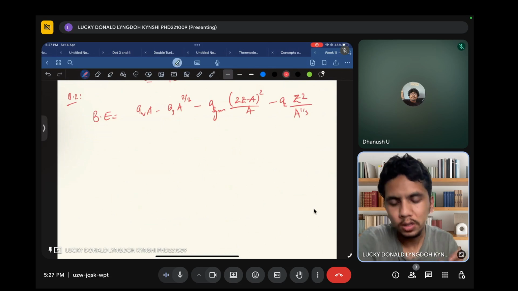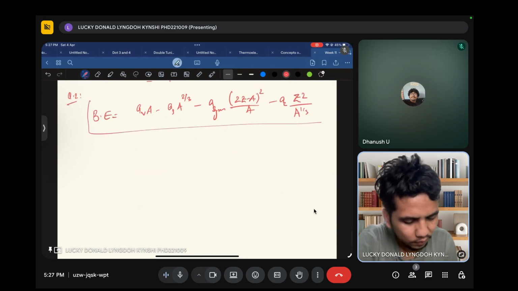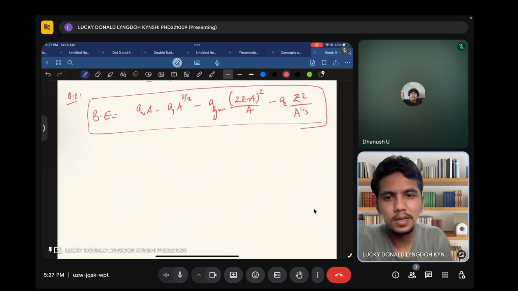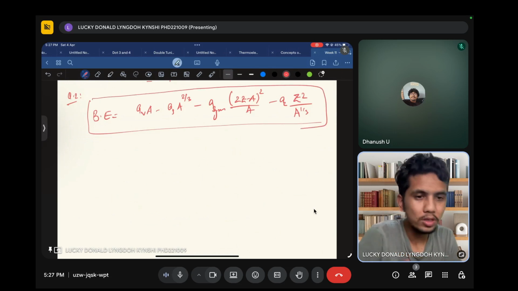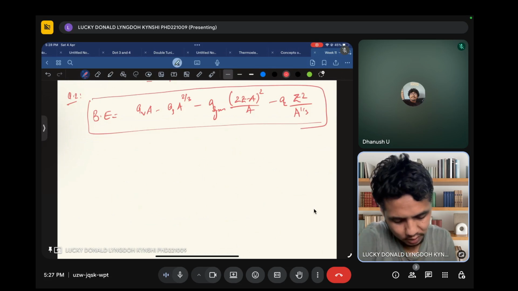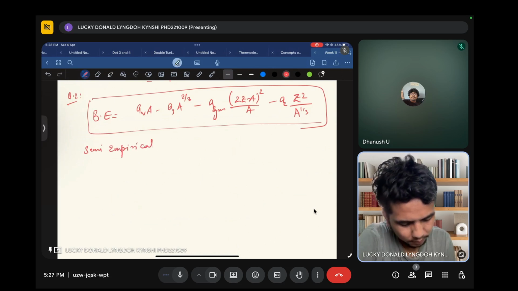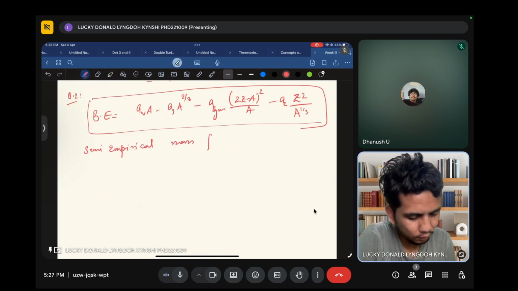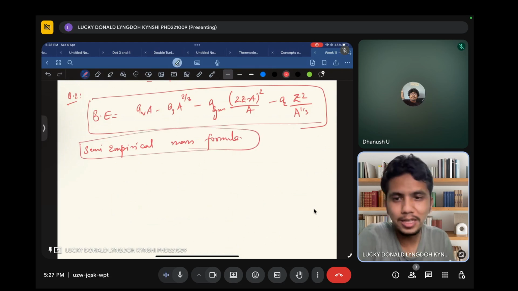So what problem is this? This is a very standard equation which is called the semi-empirical mass formula. In all the textbooks you will see that the binding energy is expressed in this form.